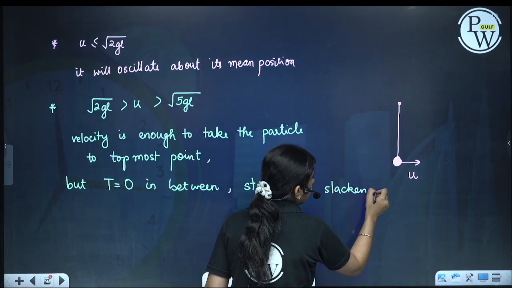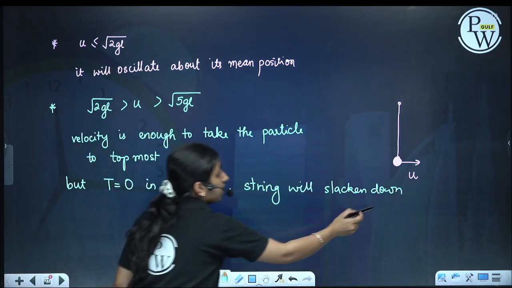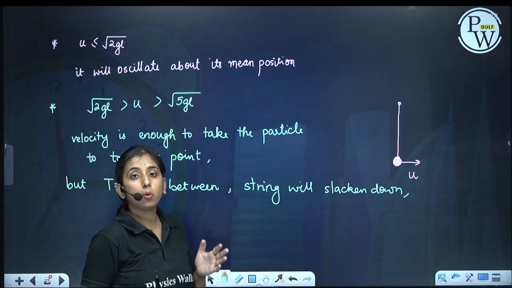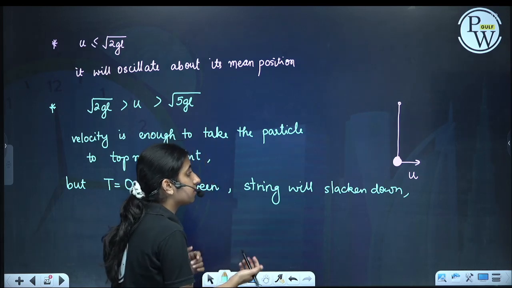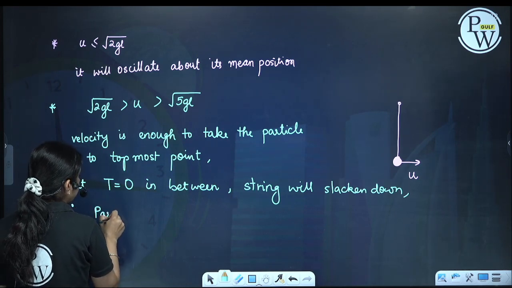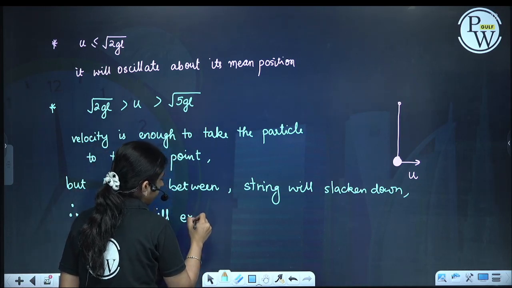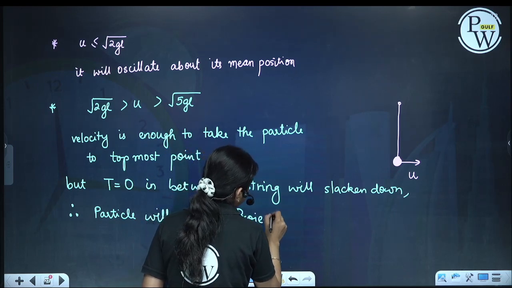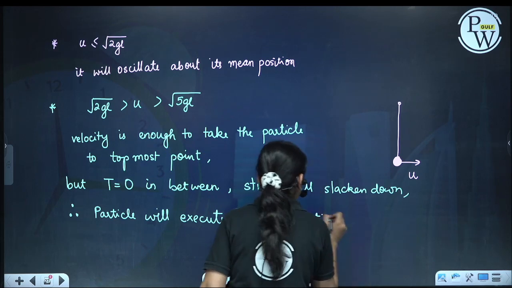If my tension becomes 0, what will happen? The string will slacken down. It is having some velocity, but there is no inward force. The string is slackened, the particle will fall off like this. Therefore the particle will execute projectile motion.